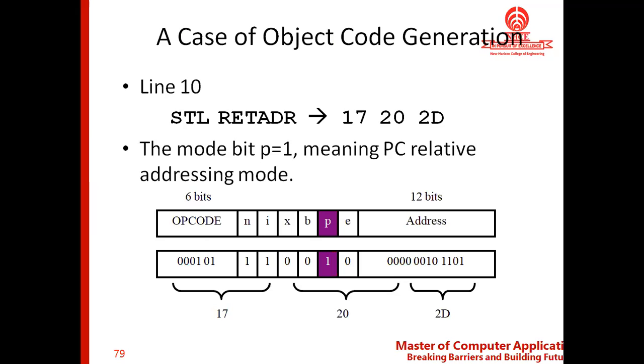Now, the opcode for STL has the value 14, so the value 14 has to be accommodated in the opcode. The opcode has only 6 bits, so the first 4 bits will represent the first digit of the STL value, and the other 2 bits will represent the second digit.